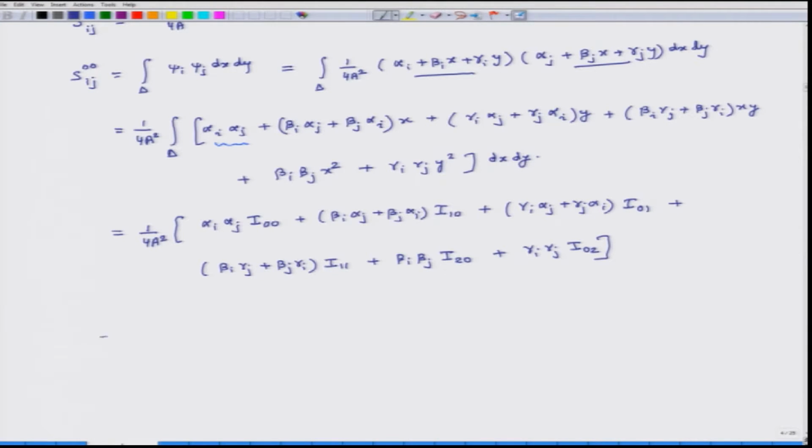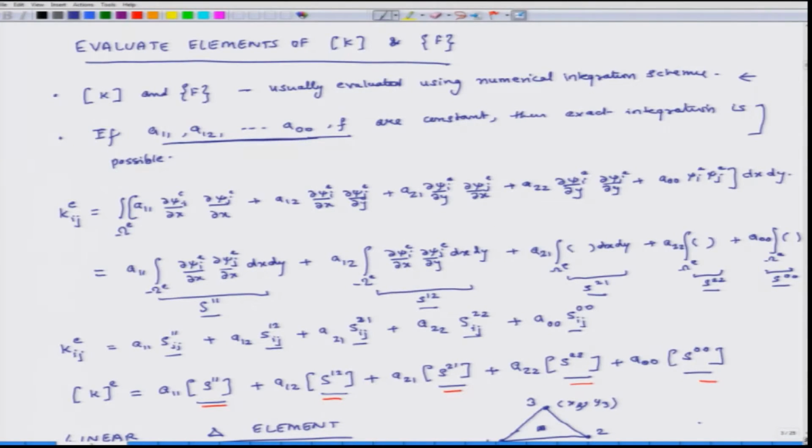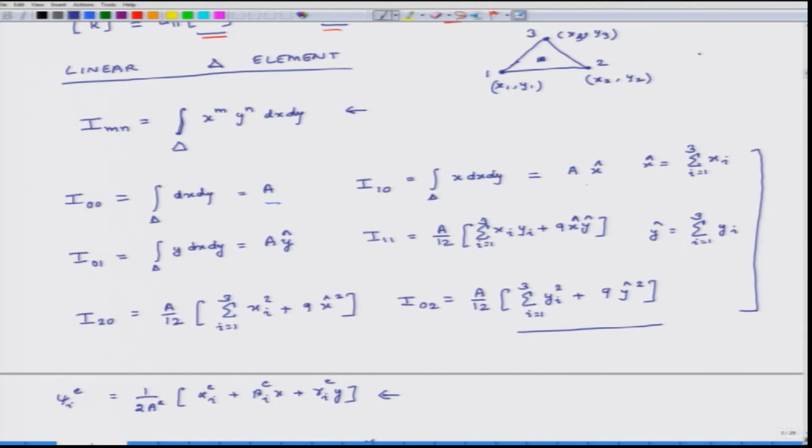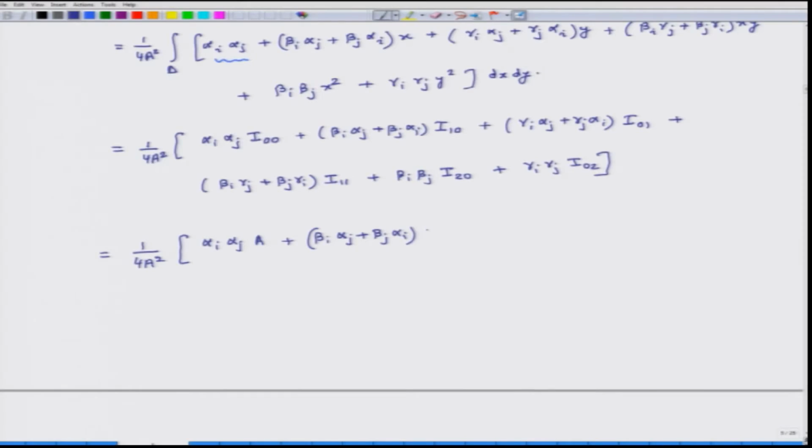Okay. So, I will write this again, 1 over 4a squared. I_00 is, what is the value of I_00? It is a. Then the value of beta_i alpha_j plus beta_j alpha_i, and the value of I_10 is a x hat, a x hat.